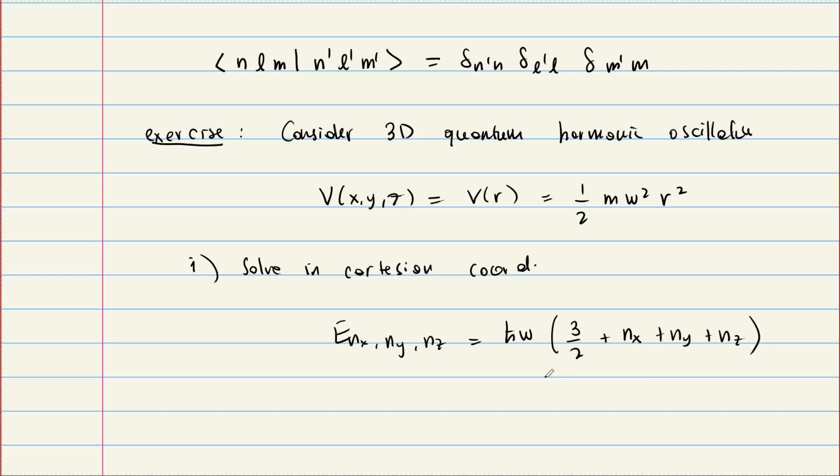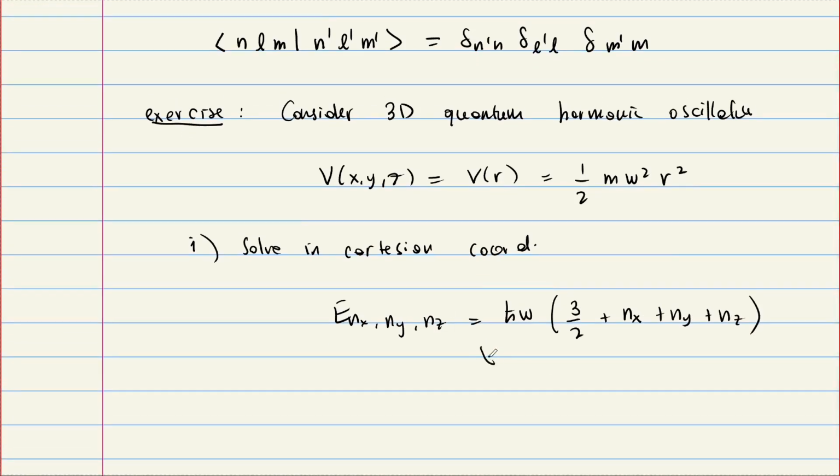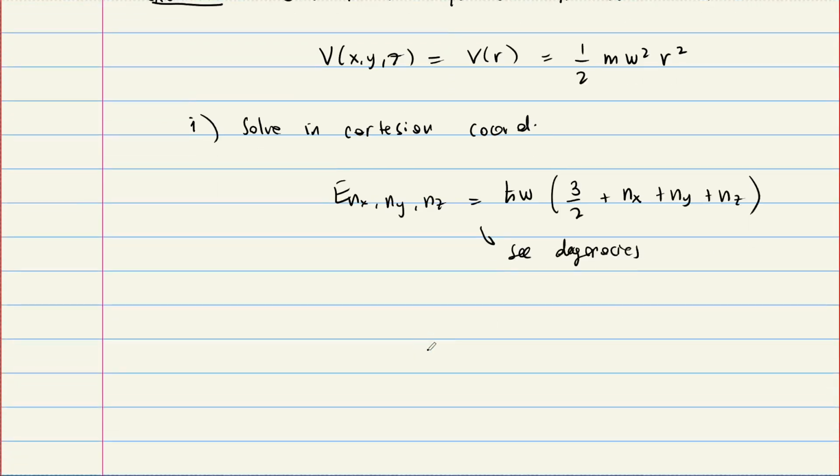So this is a very trivial solution, and you need to try to see the degeneracies. But the difficult one, if you have the appetite to solve this, is to solve in spherical coordinates. The 3/2 is coming from the fact that they are harmonic oscillators in each direction. Each comes with n plus a half, right? H bar omega. That's why you have 3/2.